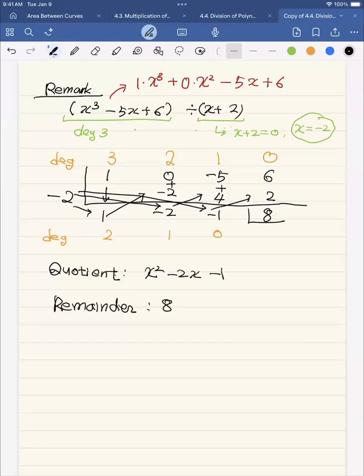So we can rewrite that as x cubed minus 5x plus 6 over x plus 2 equals x squared minus 2x minus 1 plus 8 over x plus 2.